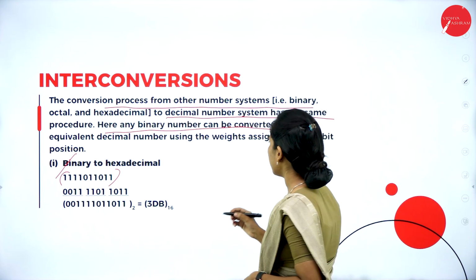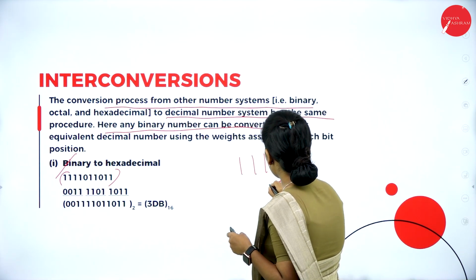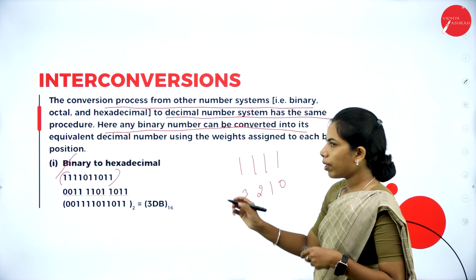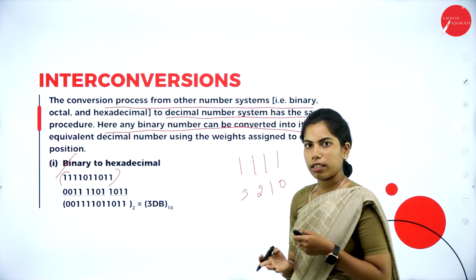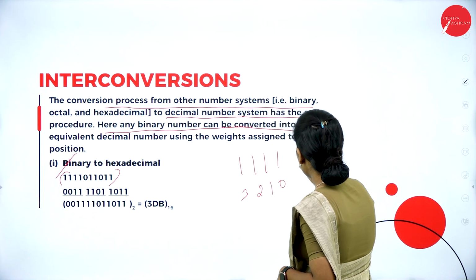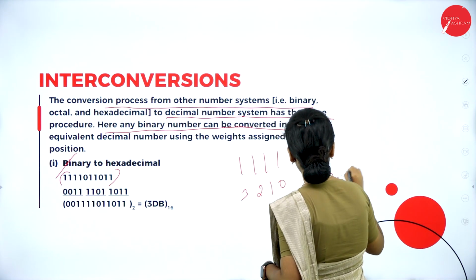Hexadecimal is nothing but, as I already told, this is in the 0th position, this is in the 1st, this is in the 2nd, this is in the 3rd. When I combine all these, you can get 15 as the number. That is the highest, meaning A to F and also 0 to 9.